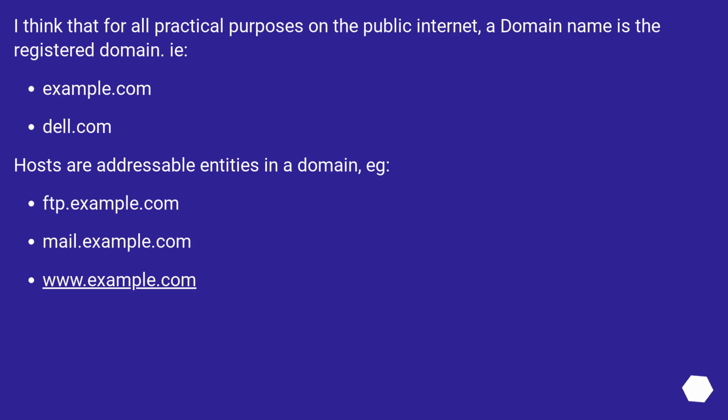I think that for all practical purposes on the public internet, a domain name is the registered domain. Example.com, Dell.com. Hosts are addressable entities in a domain, e.g. ftp.example.com, mil.example.com, www.example.com.